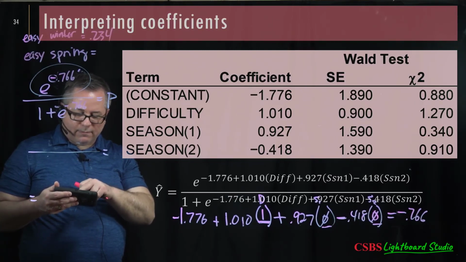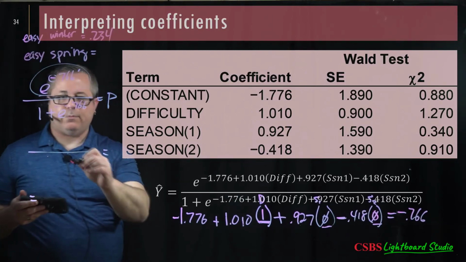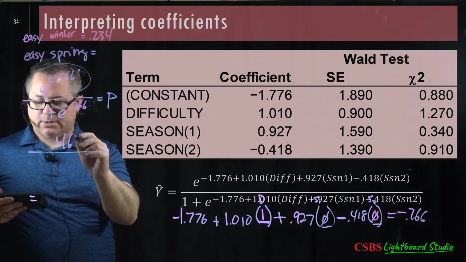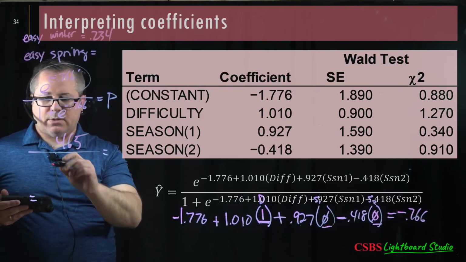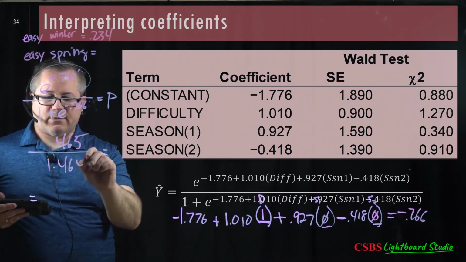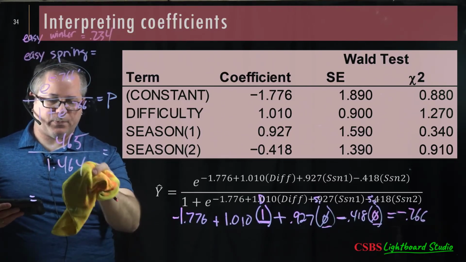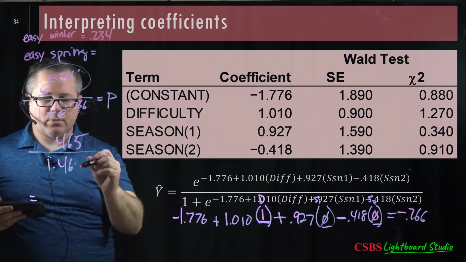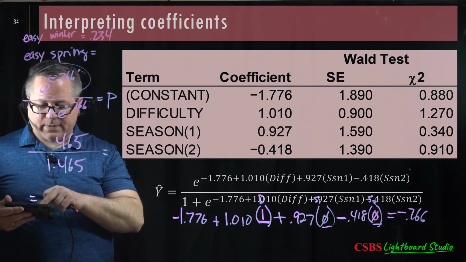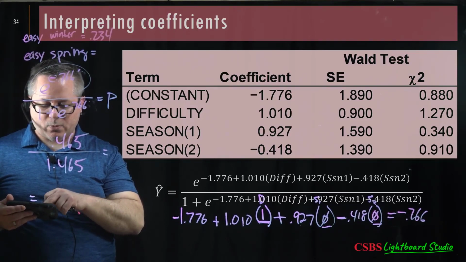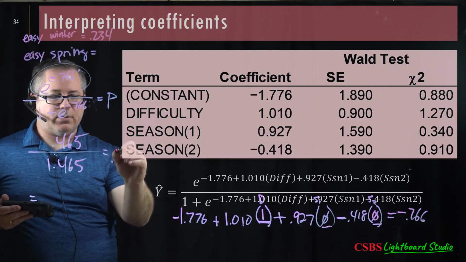This is 0.465, and then 1.465, 5, not 4. So 0.465 divided by 1.465 equals 0.317.